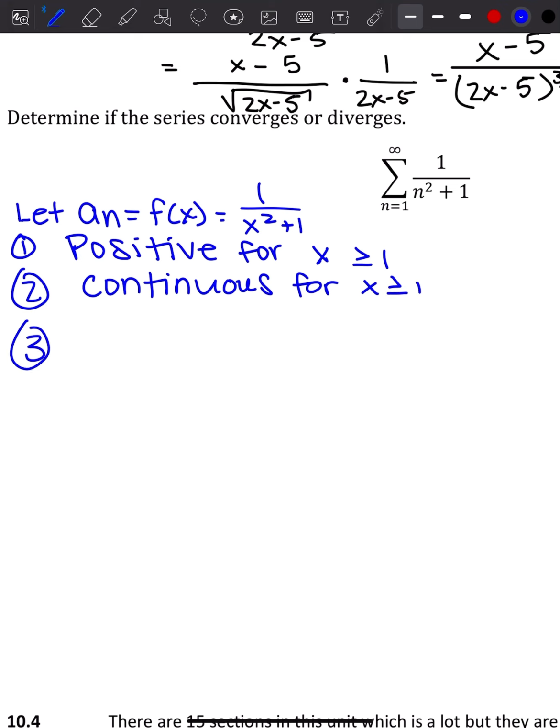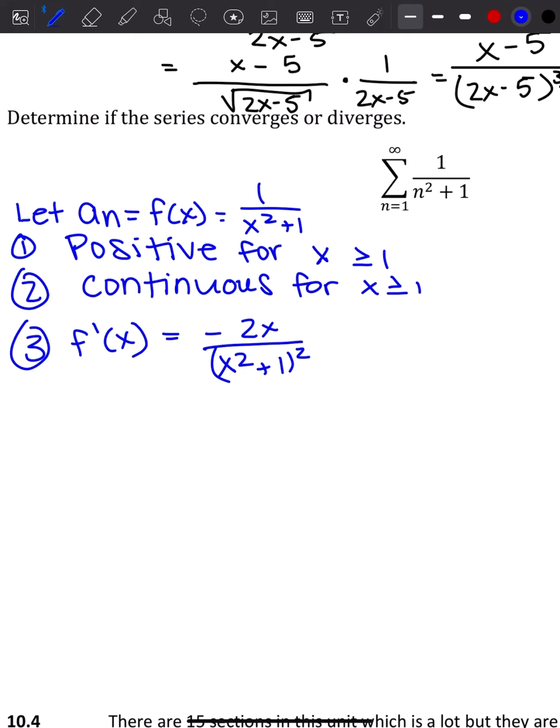And our last one, decreasing. If we take the derivative of this, u prime is 0 times x squared plus 1 minus 2x times 1 divided by x squared plus 1 squared.